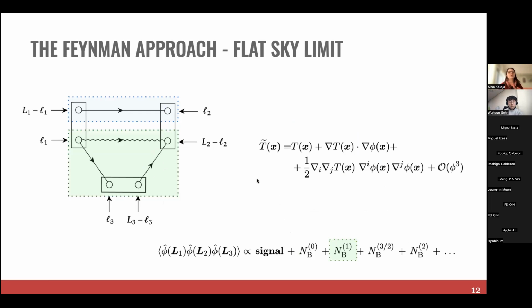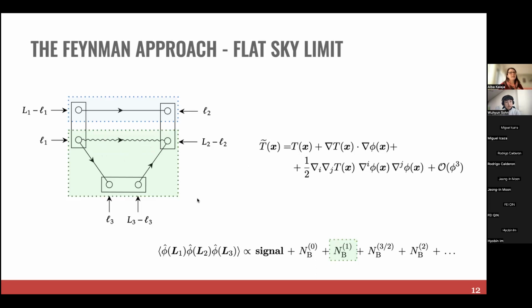You can go on with your expansion, so add more lensing potential, and this reflects on the diagram as well. So for example, if you go on in this function, then you will have a wiggly line, which is your lensing potential interaction. So you have the lensing potential power spectrum here.